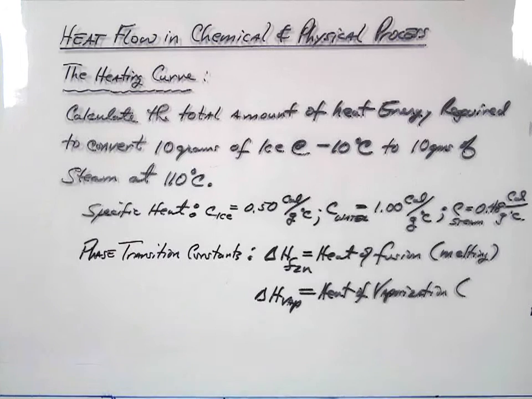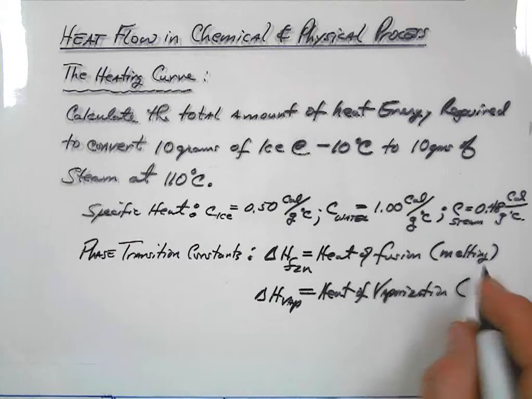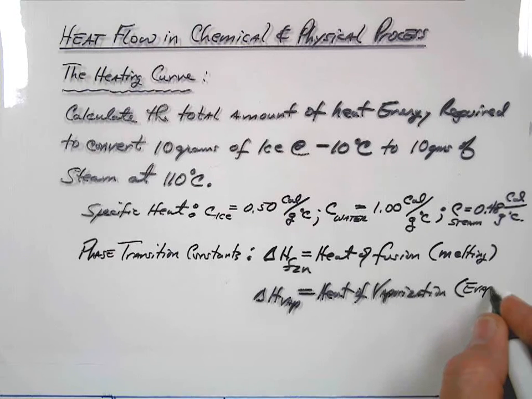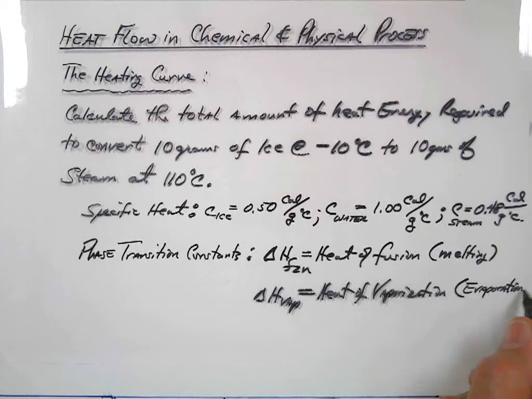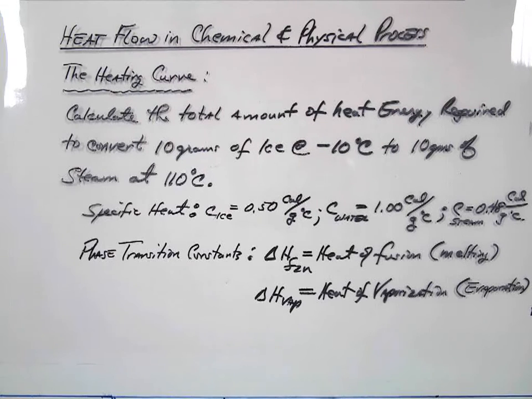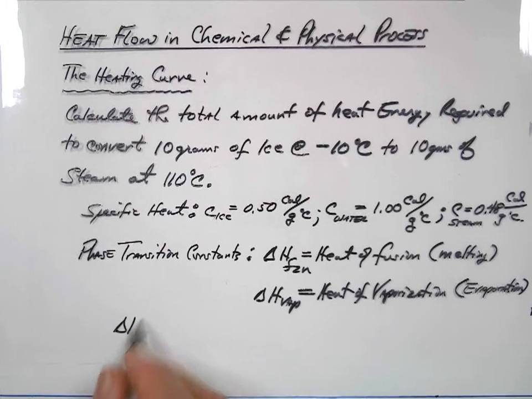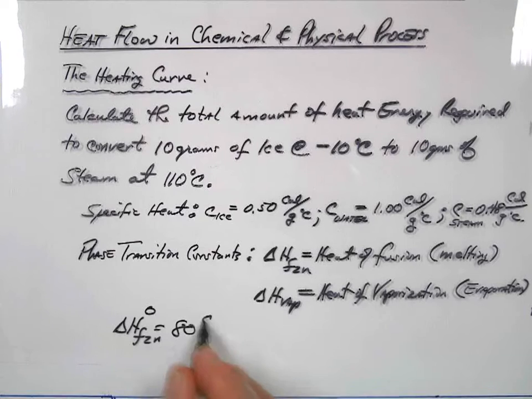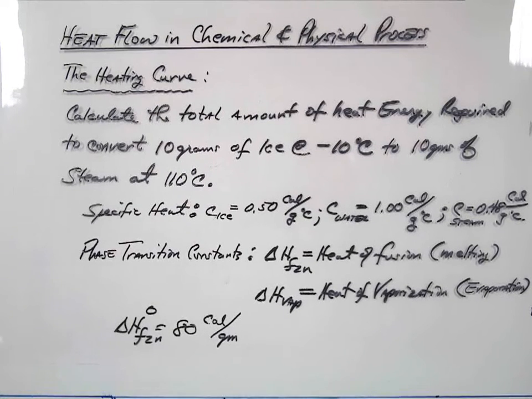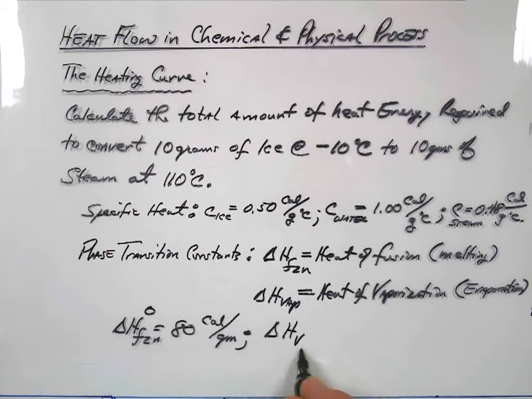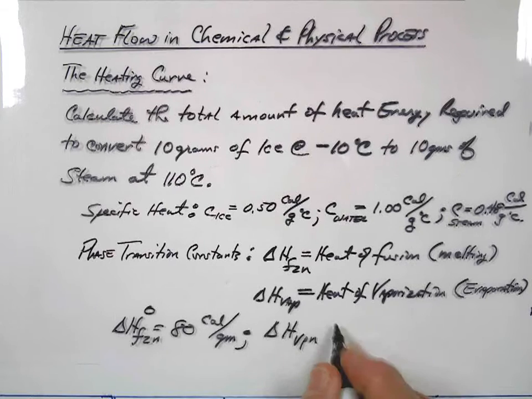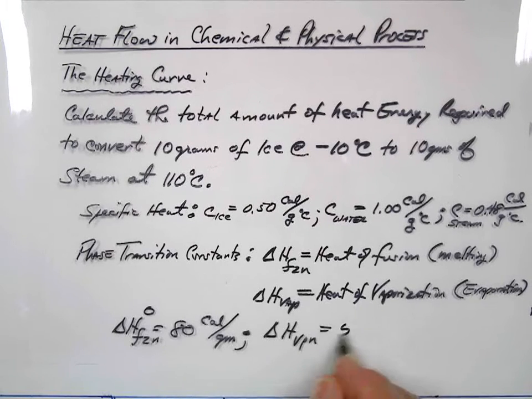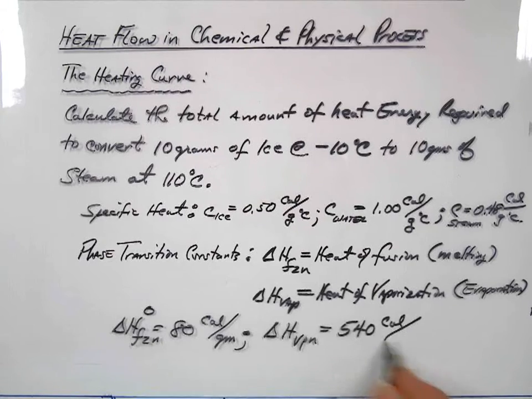And of course, that's kind of self-explanatory, and that's evaporation. Also, same number for boiling. Okay, well, specifically, the delta H of fusion is 80 calories per gram of ice. And the heat of vaporization is 540 calories per gram.